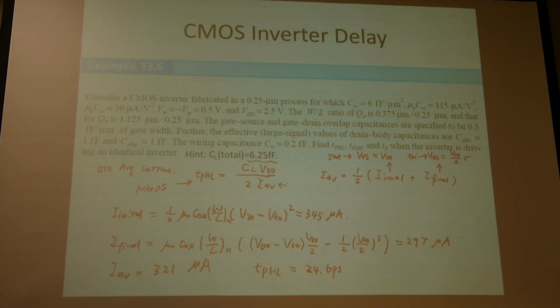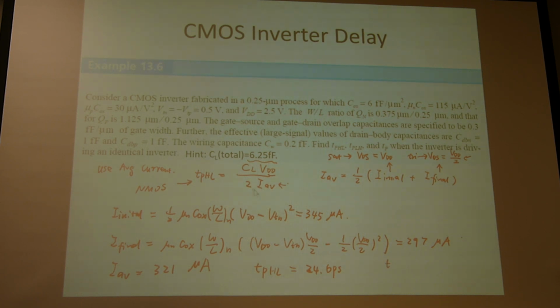So just plug in the numbers and you can do the calculations by yourself. So any questions? So that is the approach. Any questions? So similarly, you can get the TPLH.